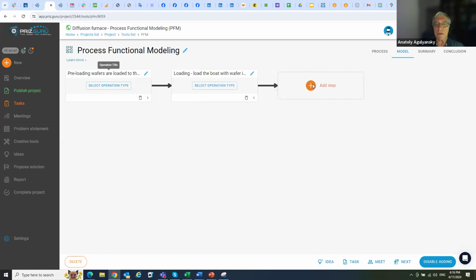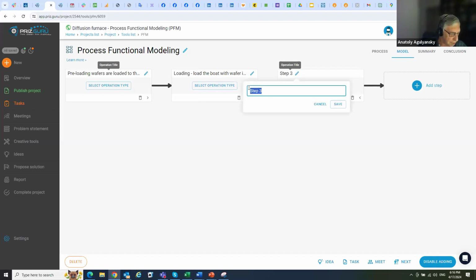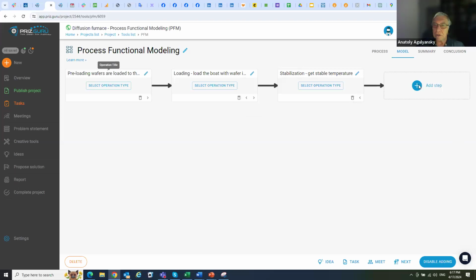The next step, we said stabilization. Stabilization. Get a stable temperature. Okay. And after that, oxidation.